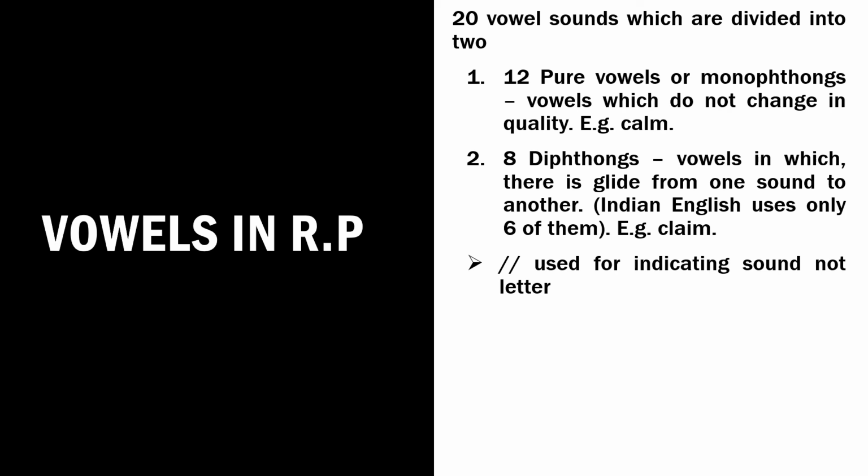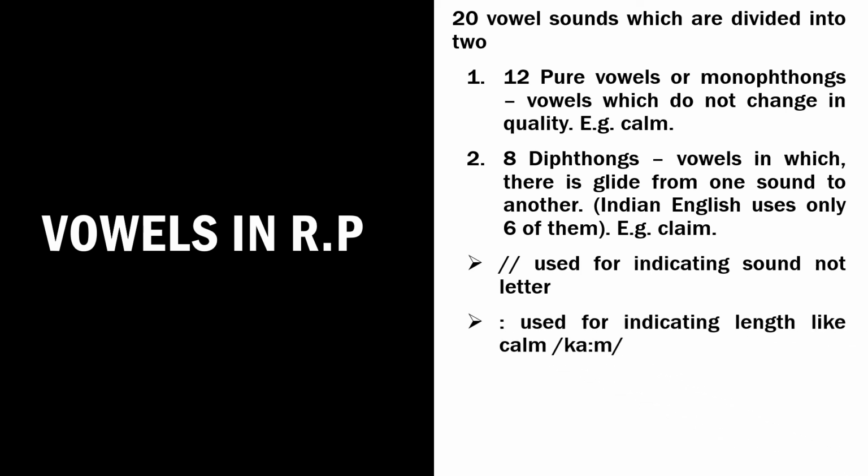Another important thing you have to learn before going to the next class are some symbols which we mostly use in coming classes. The first one we already discussed: two forward slashes and some letters between those slashes. It is used to denote the sound of a word or a letter.